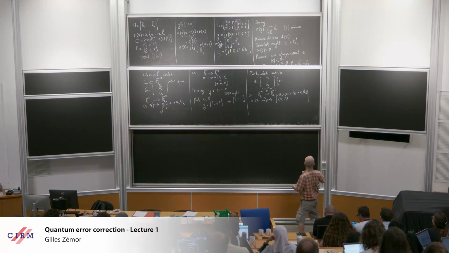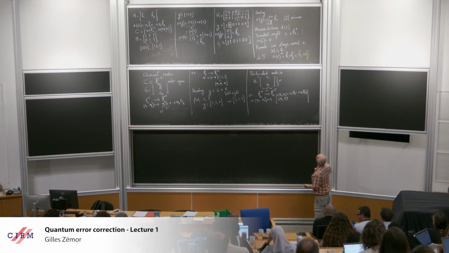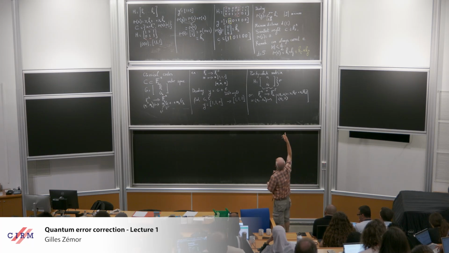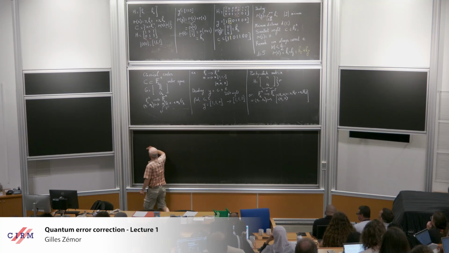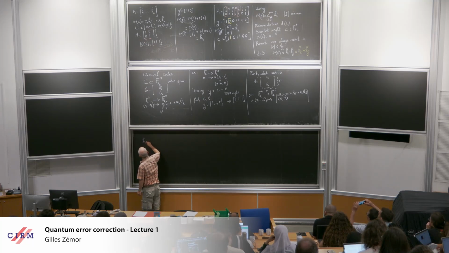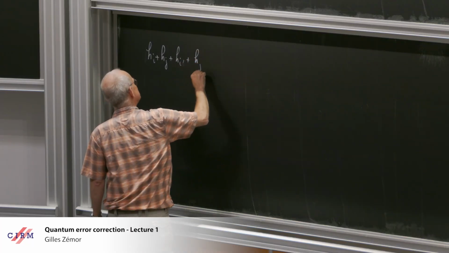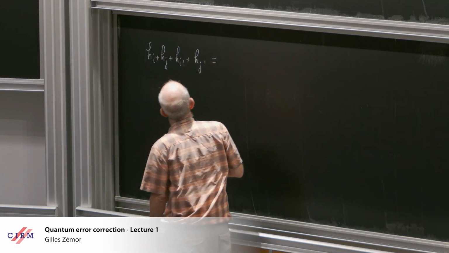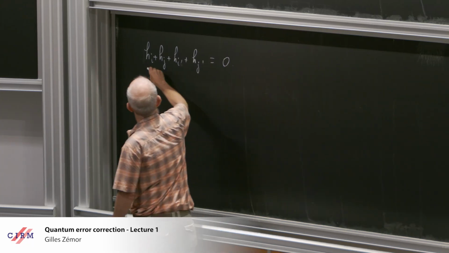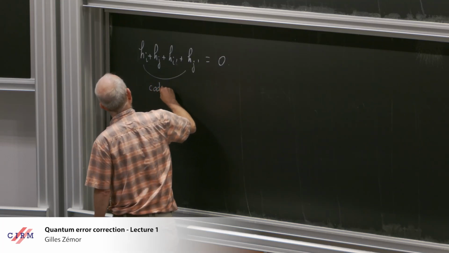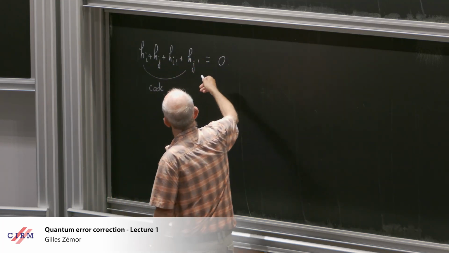Continuing from the top, if you had this, it would mean that H i plus H j plus H i prime plus H j prime would be equal to 0, but then this means that you have a code word of weight 4 with 0 syndrome.